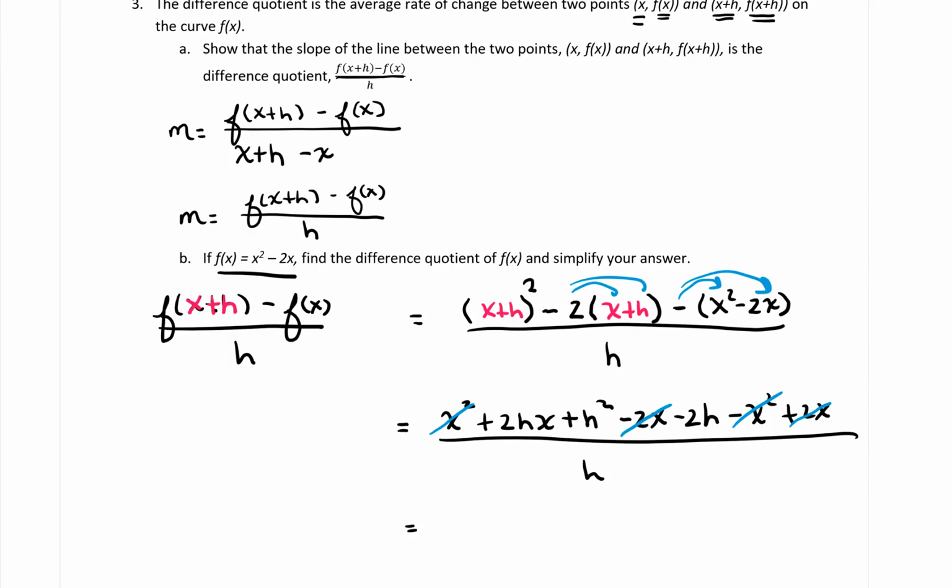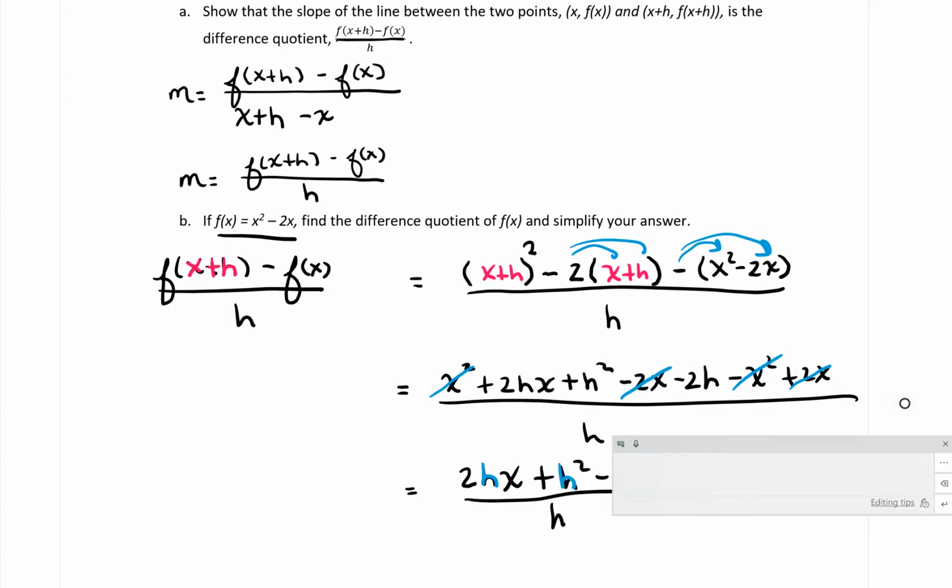Every single term that we're left with in our numerator has an h value: 2hx plus h squared minus 2h, all over h. So let's factor out the h in our numerator and cancel it with our h in our denominator. If we factor out that h, or divide every single term by h, you can see that too.